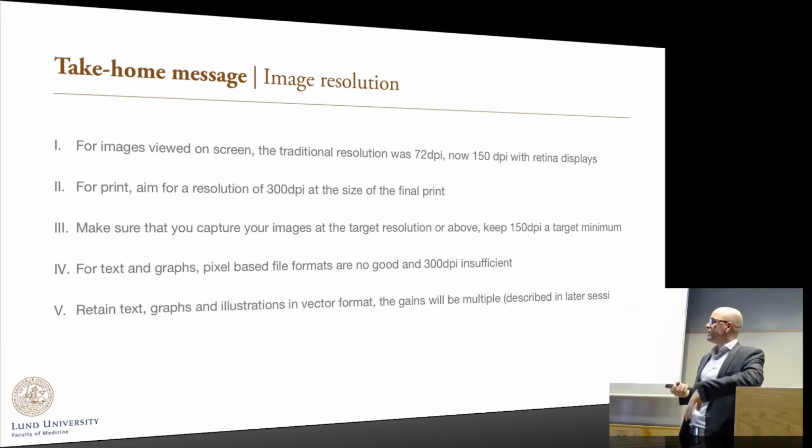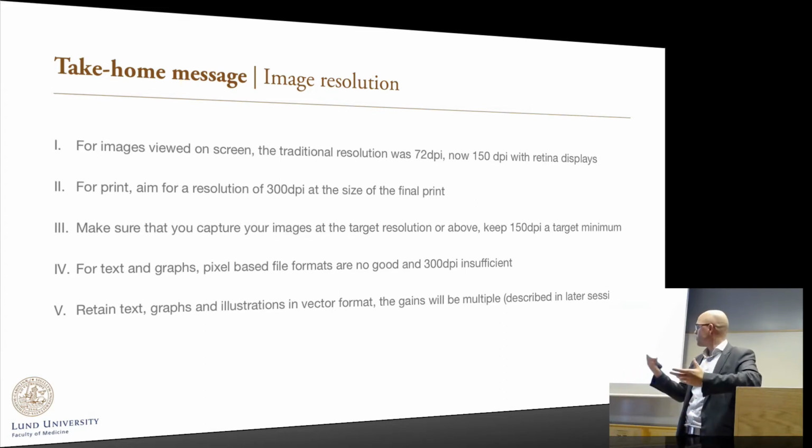So when you print, if you have to print something pixel-based and it's these line art or text and things, 300 dots per inch is not enough. So you need to go absolutely minimum 600 dots per inch, and if you can, 1200 dots per inch on these things to really make them soft. But for vector graphics, you don't need to bother with that.